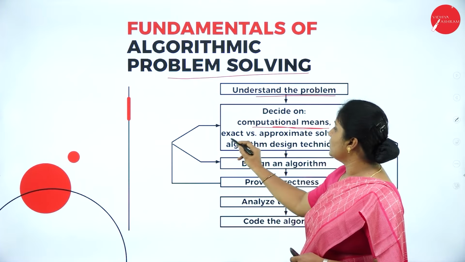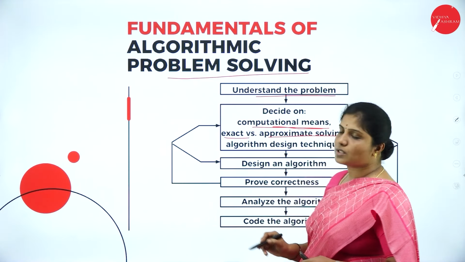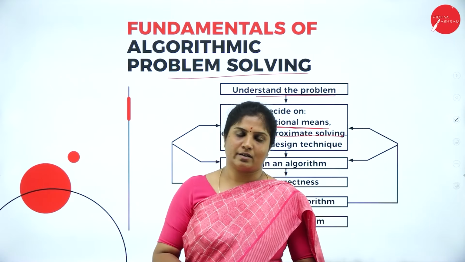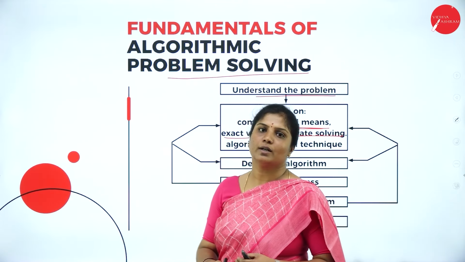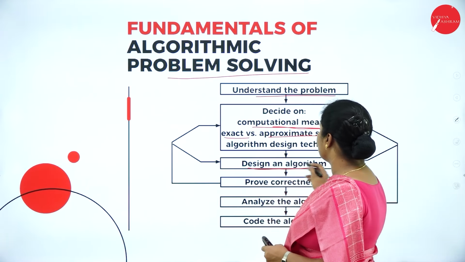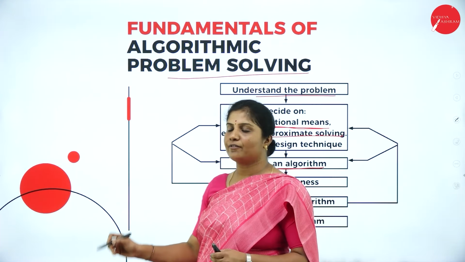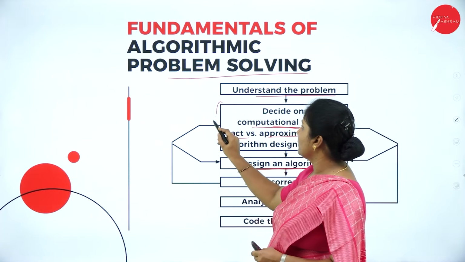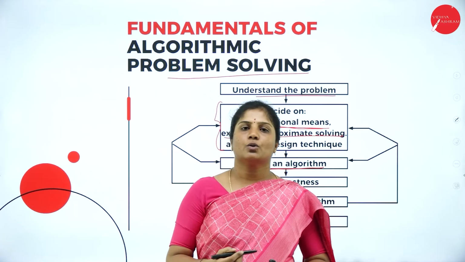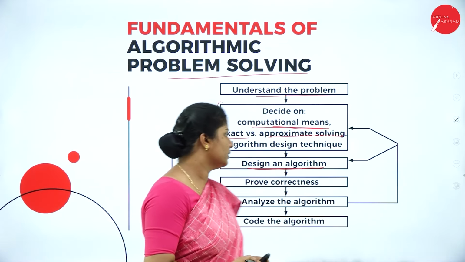Then whether you are getting an exact or approximate result from that algorithm. Then design the algorithm. After coming to a conclusion on these things, next you go to the design of an algorithm.